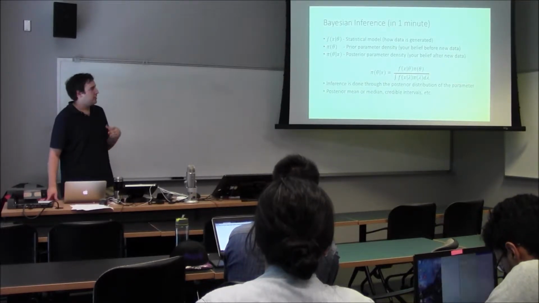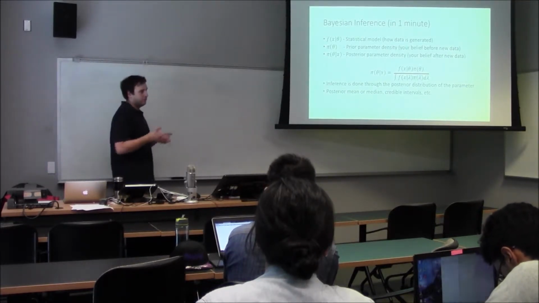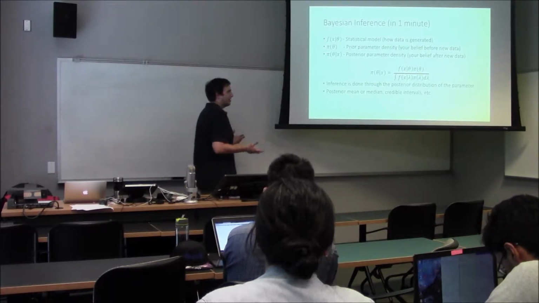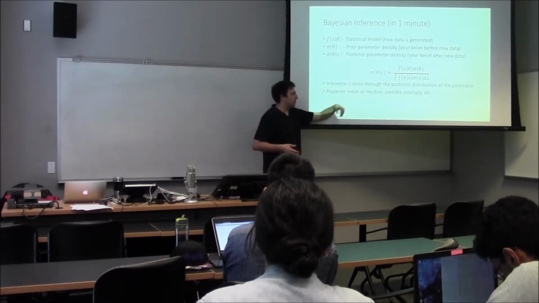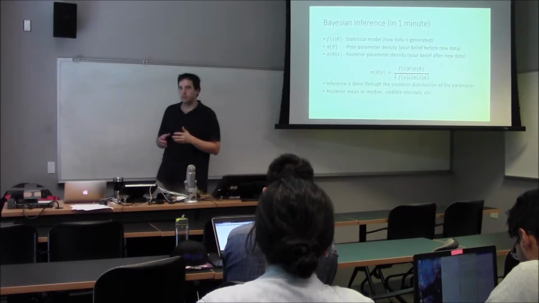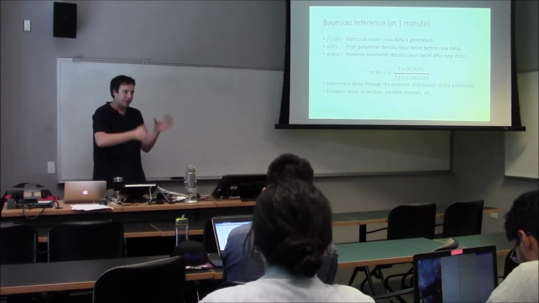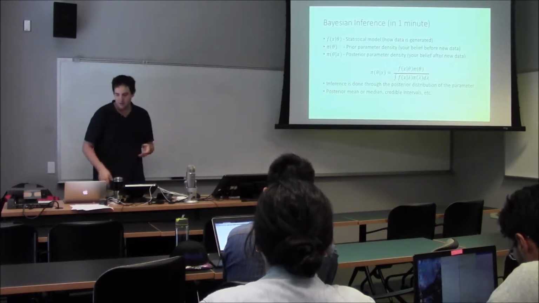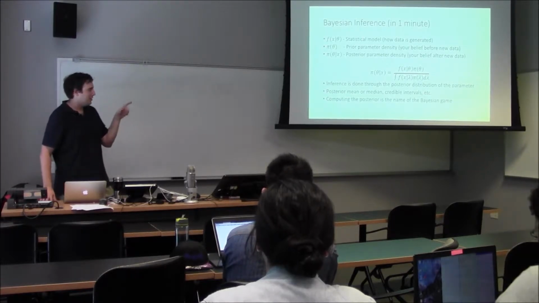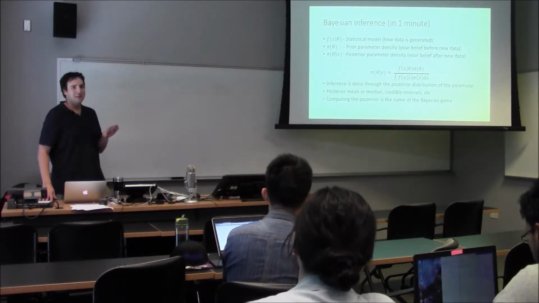You can do whatever you want with it. You can ask what its mean is, what its median is, and look at credible intervals. Once you have that distribution, then you're golden. Essentially, computing the posterior is the name of the Bayesian game.